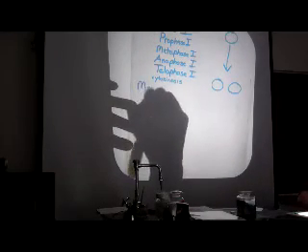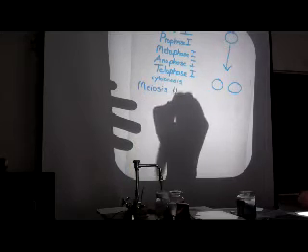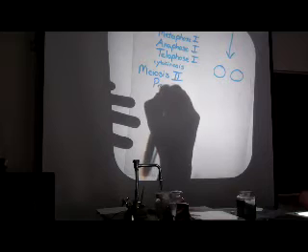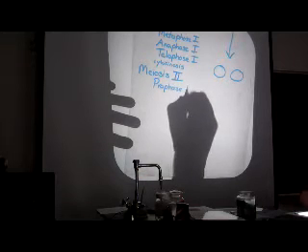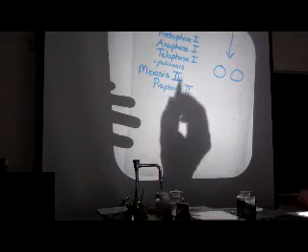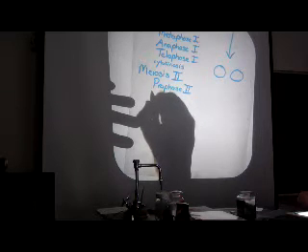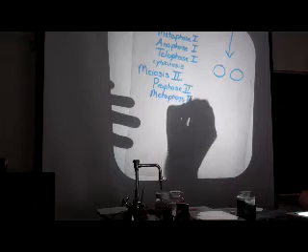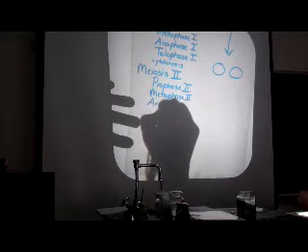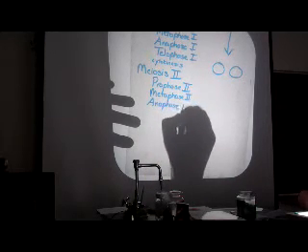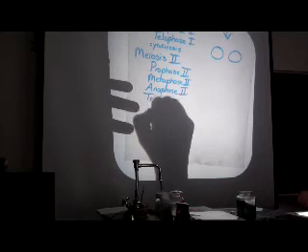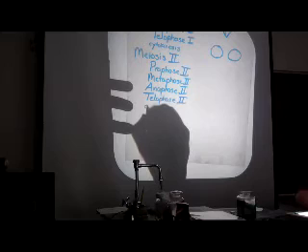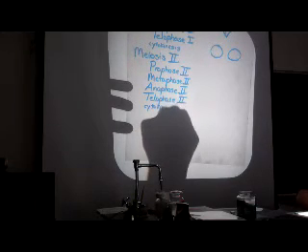Then those cells are going to enter meiosis 2. And meiosis 2, conveniently enough, is made of the same named phases, but in their part 2. Prophase 2, metaphase 2, you get the idea. Anaphase 2 and telophase 2. And then at the very end of this, yes, you will have another cytokinesis.